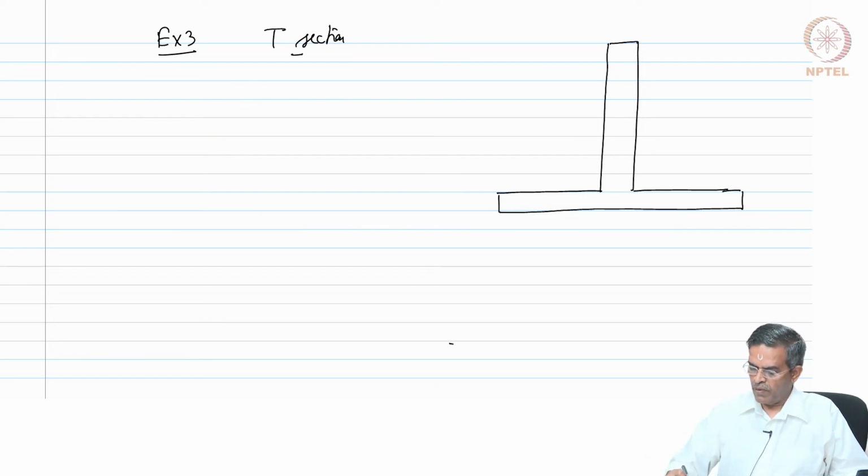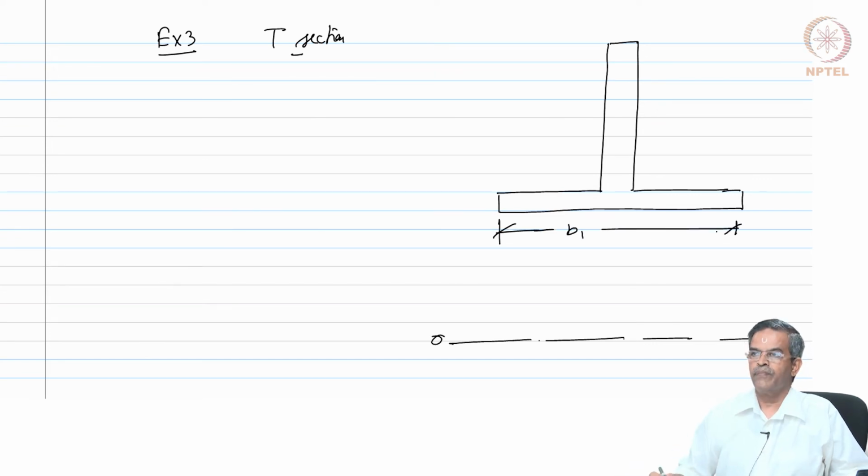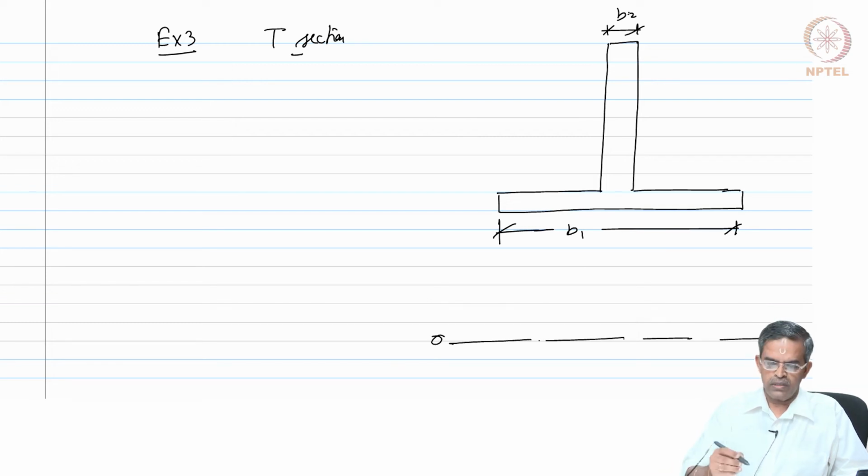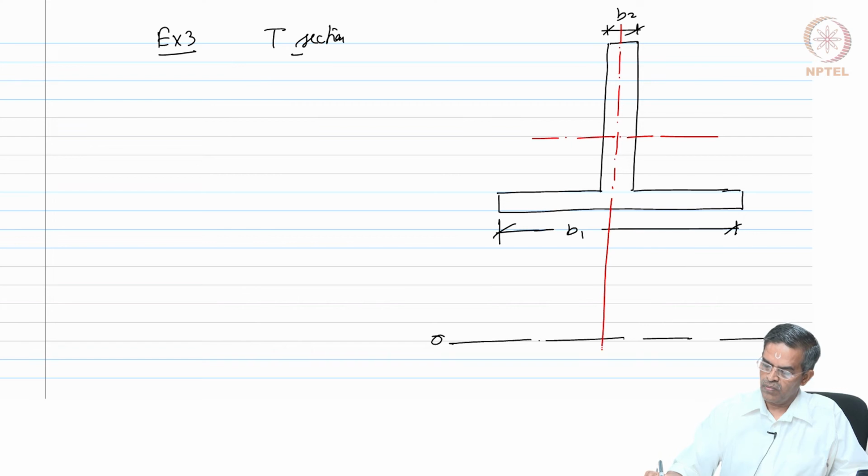Let us say this is my plane of reference O. This dimension is B1 and this dimension is B2 of the T section. Let us say it has got a centroid axis passing through this point. This is my CG.